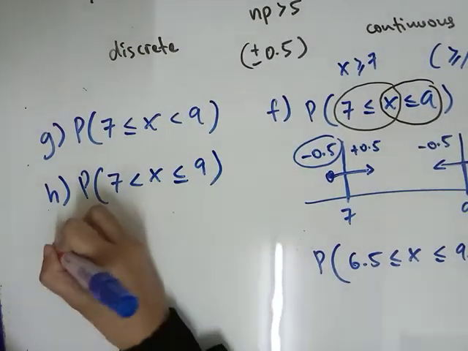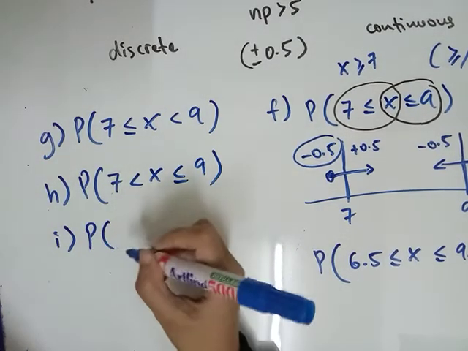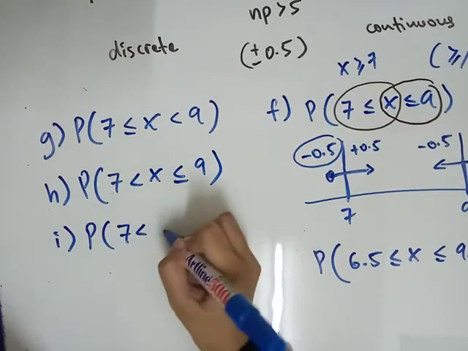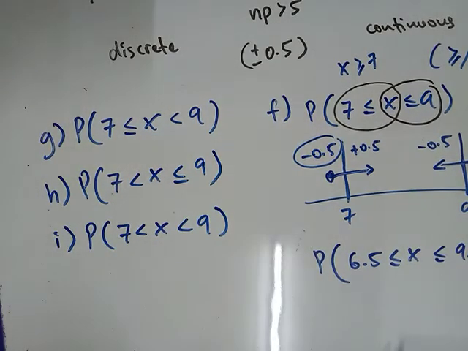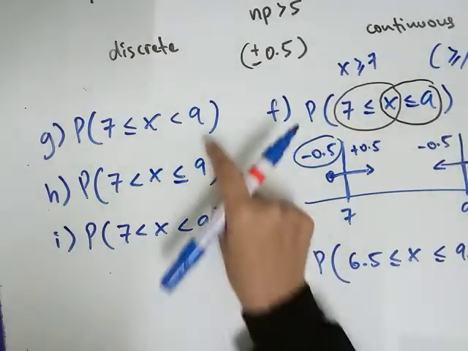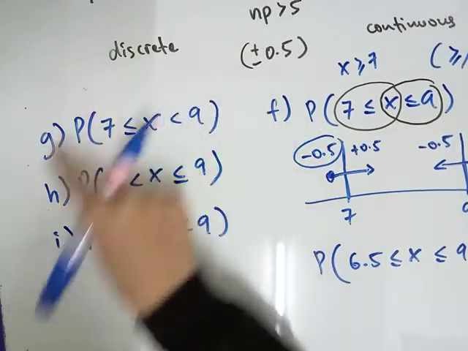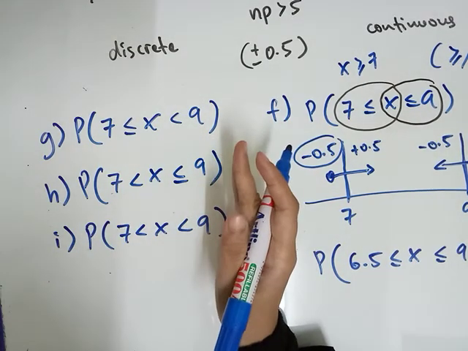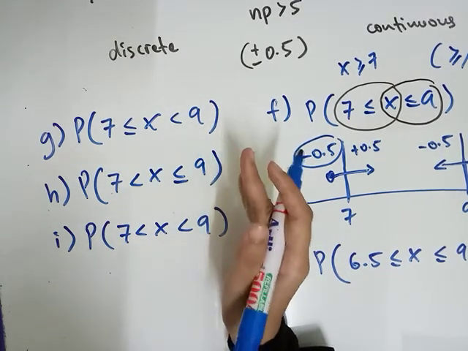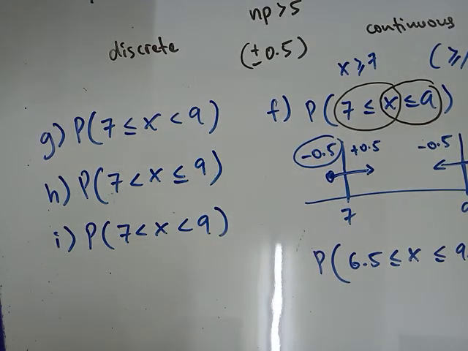And then for I, probability X more than 7 and less than 9. Okay, try do by your own. This is for binomial equation. You need to do a continuity correction factor to find the new probability for normal distribution. Okay, later we will discuss. I will ask you what's the answer. Alright.